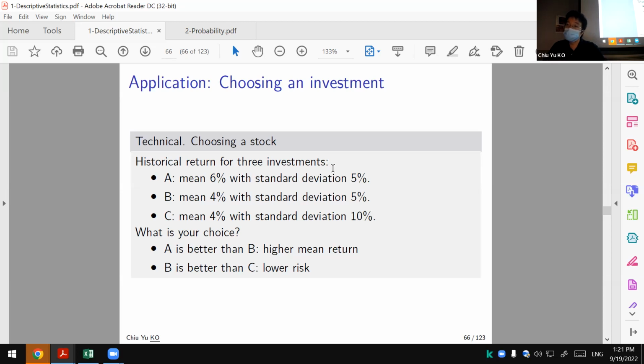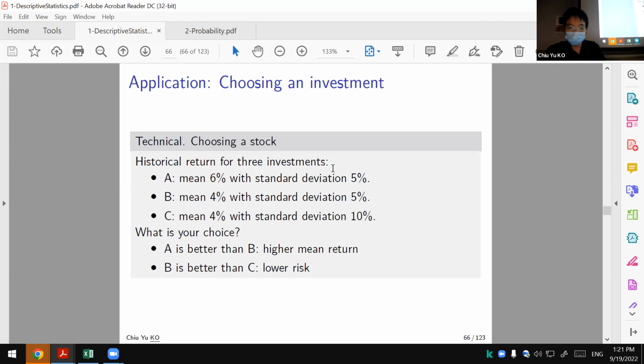Obviously A is better than B because they have the same risk, but A has a higher return. Look at B over C: you would prefer B to C because they have the same mean, but B has lower risk. Then probably you would say A is better than C, because A has a higher mean but lower standard deviation.